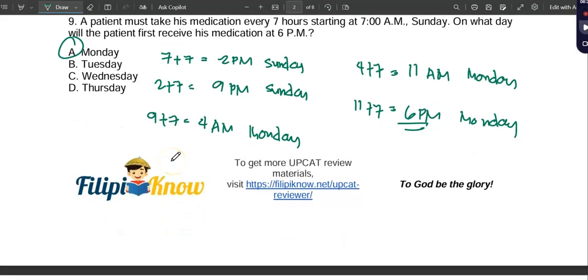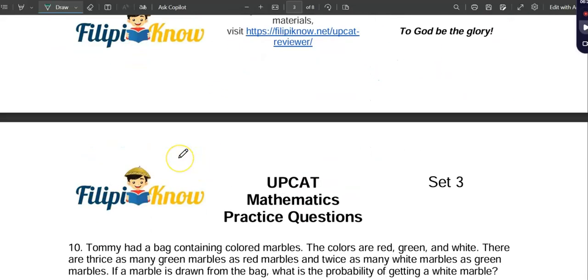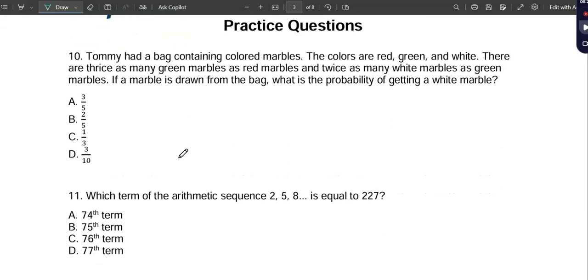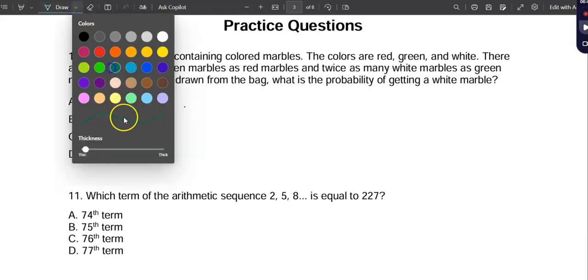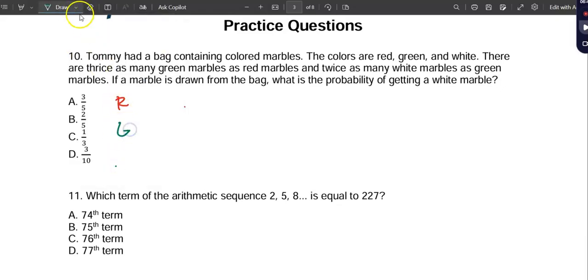Number 10. Tommy had a bag containing colored marbles. The colors are red, green, and white. So, meron kang red, tapos green, tapos white.